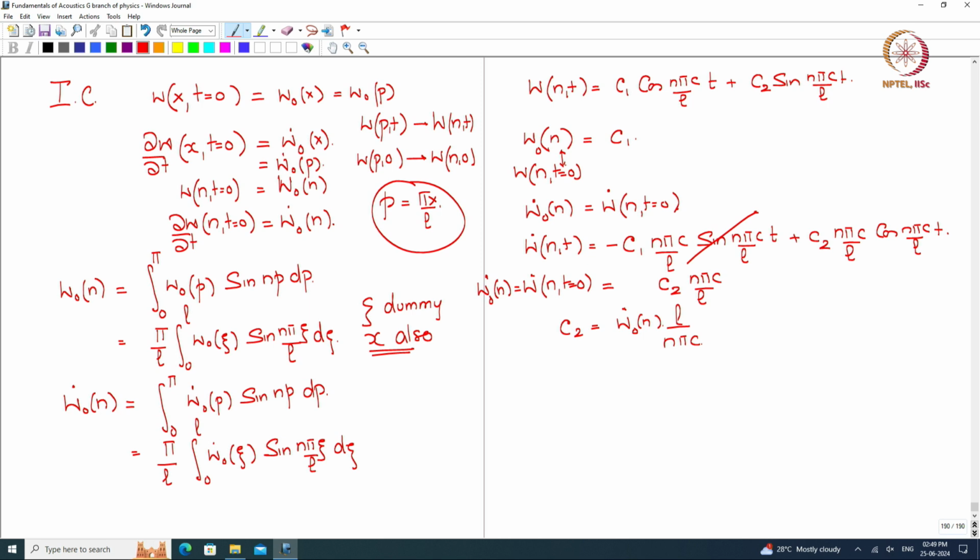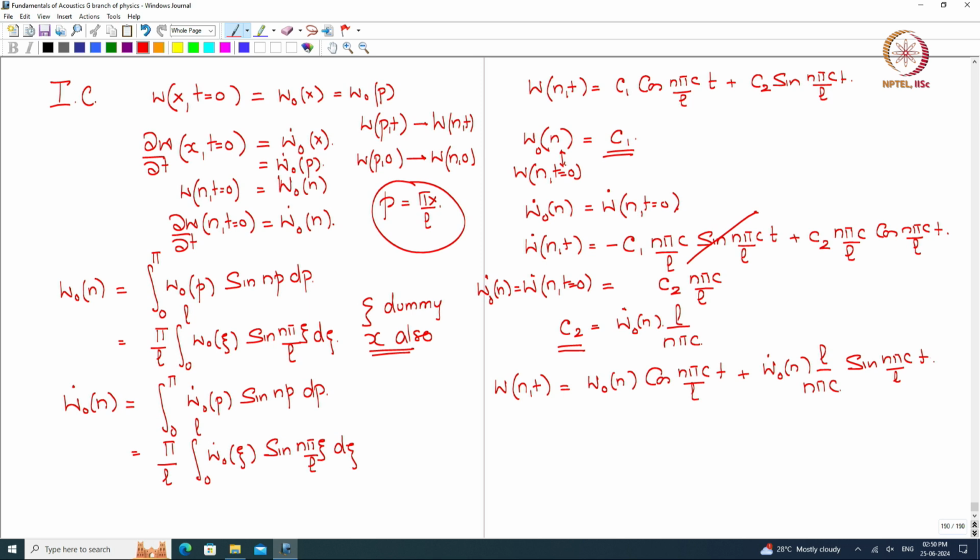Okay. So, we have C1 and we have C2. So, my W of n comma t is equal to C1, which is W 0 of n cos n pi c by L into t, plus C2, which is W 0 dot of n L by n pi c, sine n pi c by L into t. Okay.